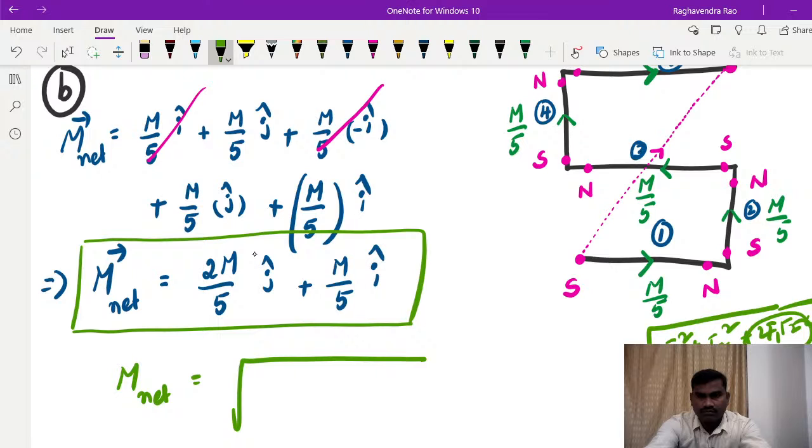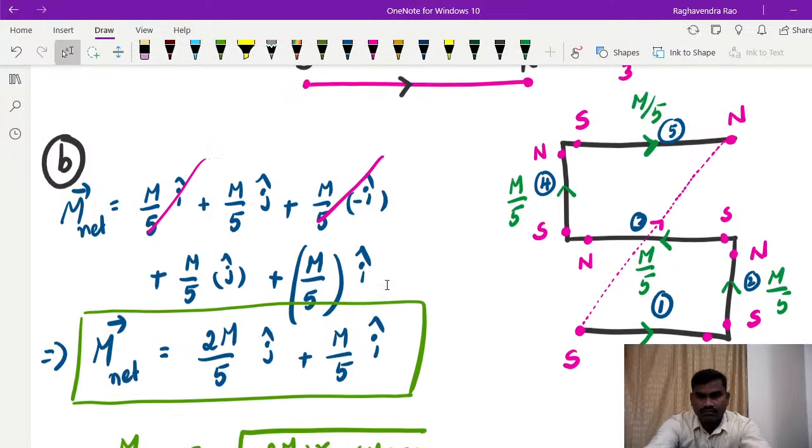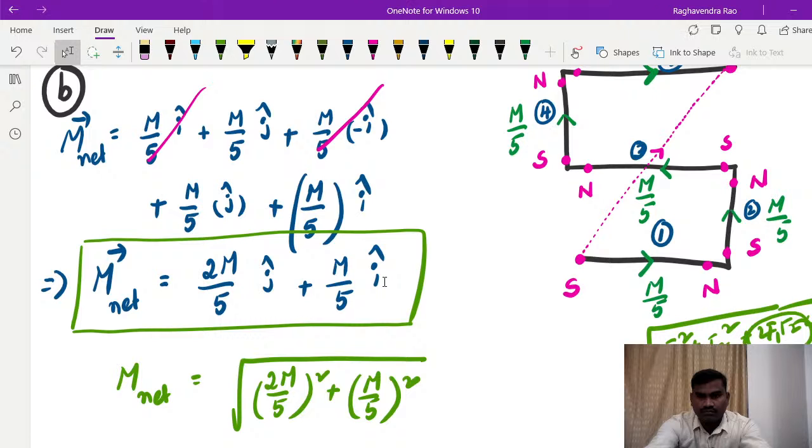That means F1 square plus F2 square. So this is 2M by 5 whole square plus M by 5 whole square. So we will get a resultant magnetic moment. Based on the options given in the question, we need to calculate either the magnitude or the magnitude along with the direction. Okay, so make a note of this.